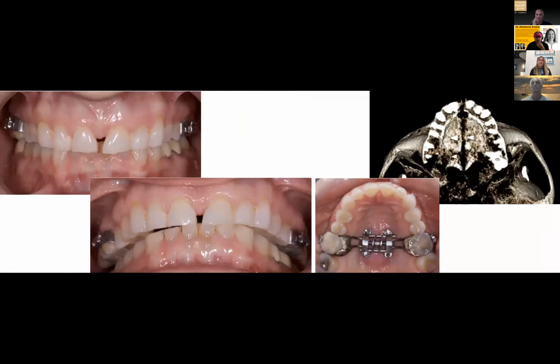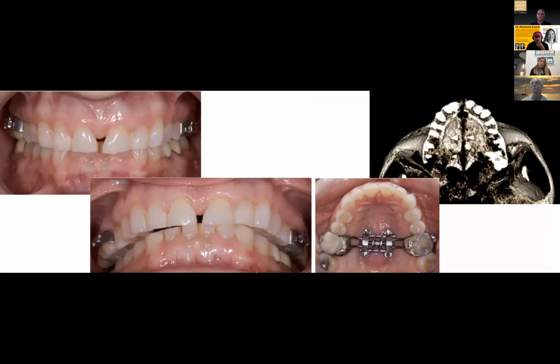So we delivered the MSE expander, and believe it or not, one of those implants fractured during placement in the mid-palatal tori. So we didn't stop, we continued, and we still were able to open that mid-palatal suture, opening even the mid-palatal tori.